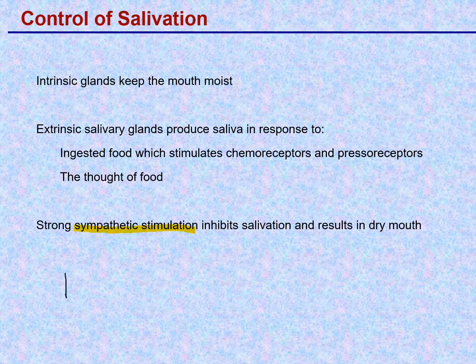So sympathetic and parasympathetic. Now, organs that are not consciously controlled are under the control of a system called the autonomic nervous system. And there are two divisions to that autonomic nervous system: the sympathetic division and the parasympathetic division.